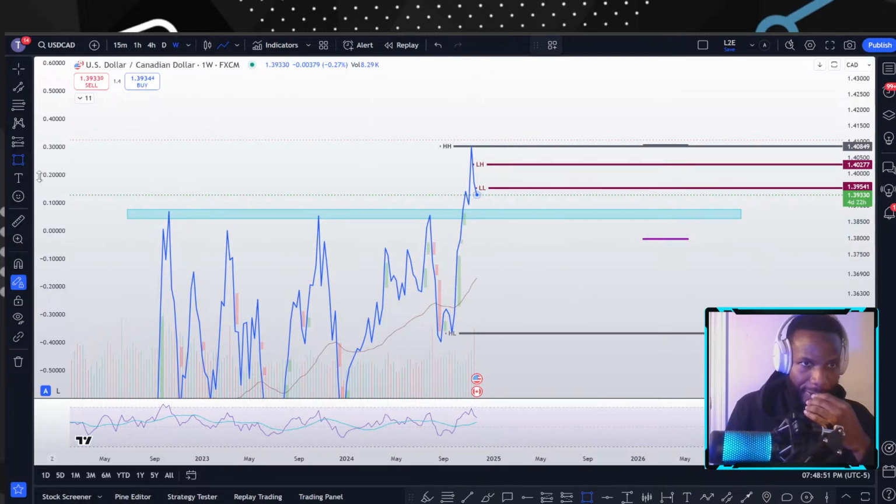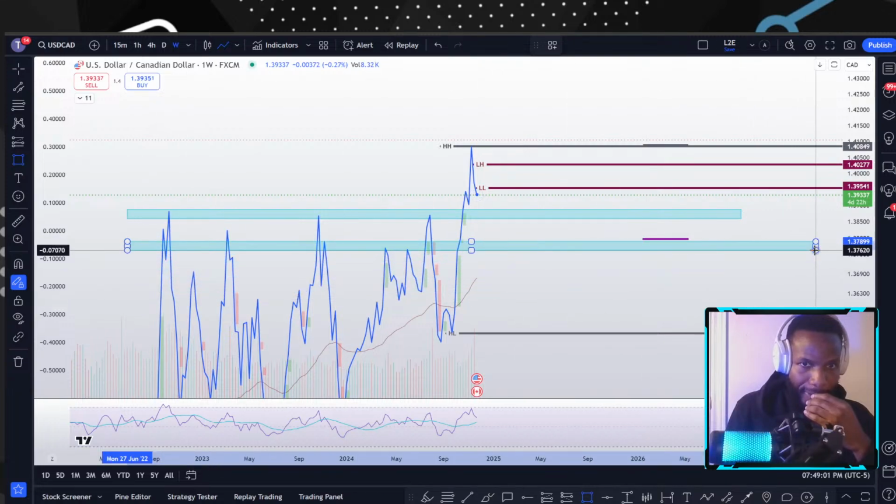I like this area right here. I like this area right here.